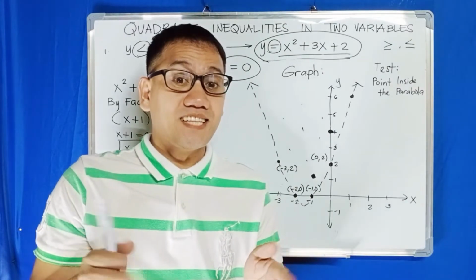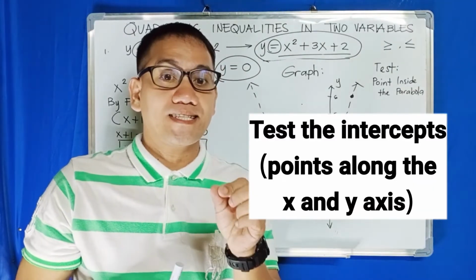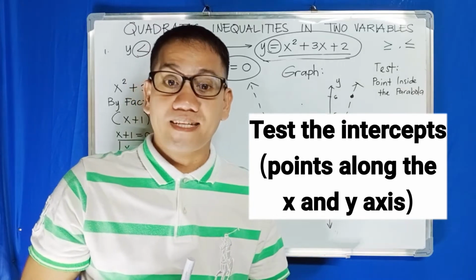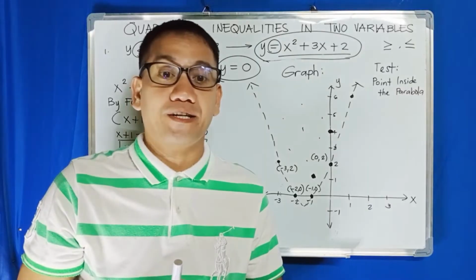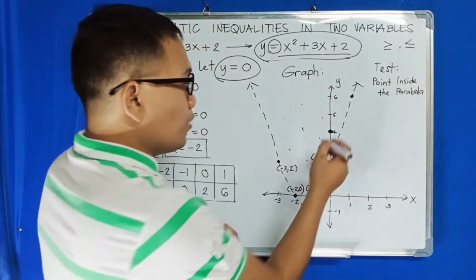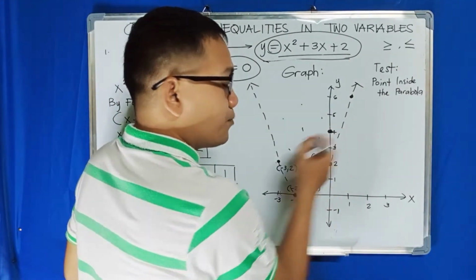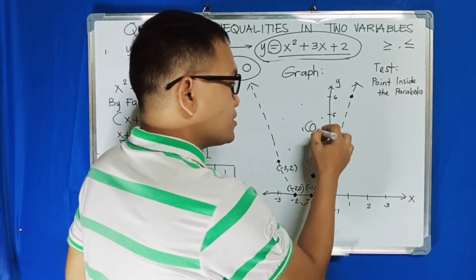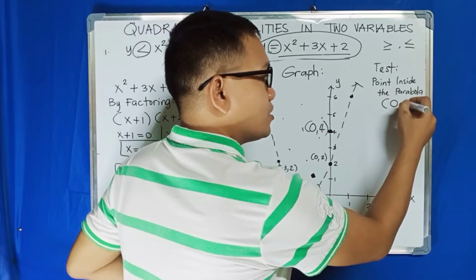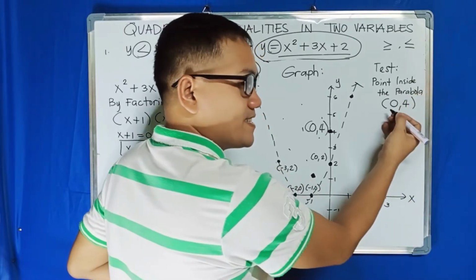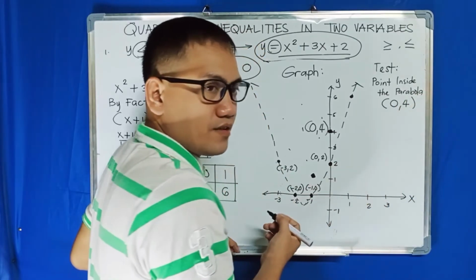And I would suggest that we utilize points that are present along our x and y axis to have an easier identification of our ordered pairs. So here, allow me to use this point, and the ordered pair is 0, positive 4. So we will utilize the point 0, 4, where our x is 0 and our y is 4.